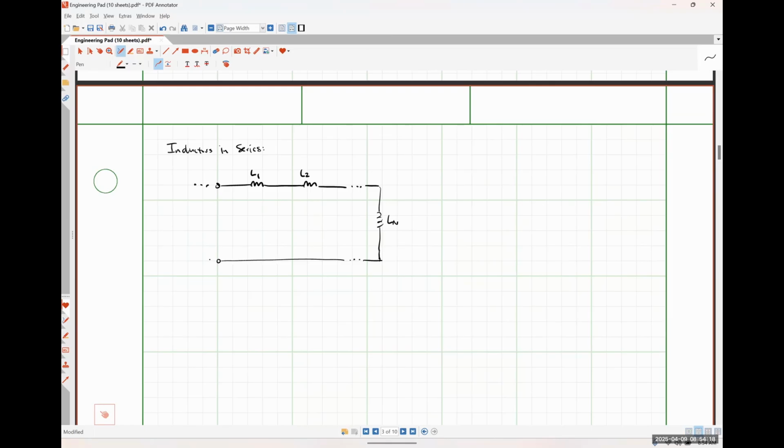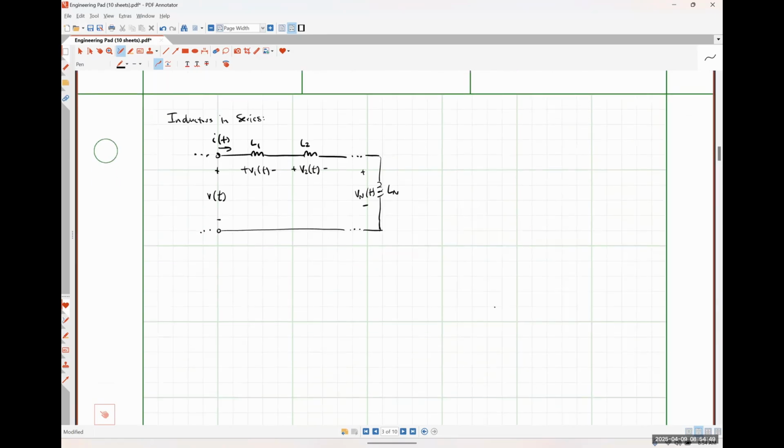These are part of some larger circuit. And let's say that there is some time varying voltage drop V of t across all of these inductors, and there is some time varying current I of t flowing through all of them. I'm going to express the voltage drop across inductor L1 as V1 of t, the voltage drop across inductor 2 as V2 of t, all the way out to the voltage drop across inductor N as Vn of t, like so.